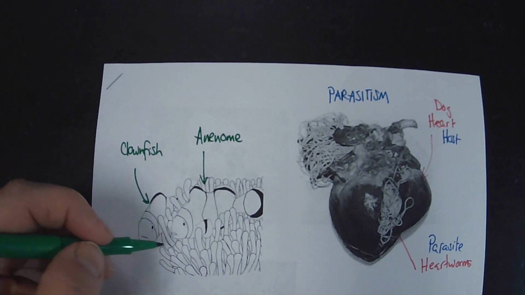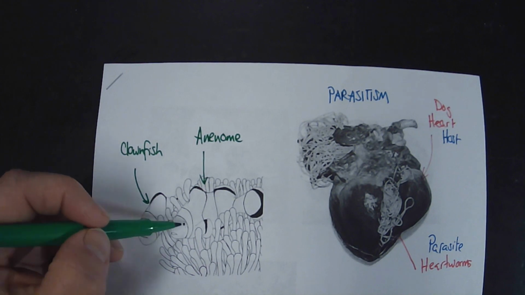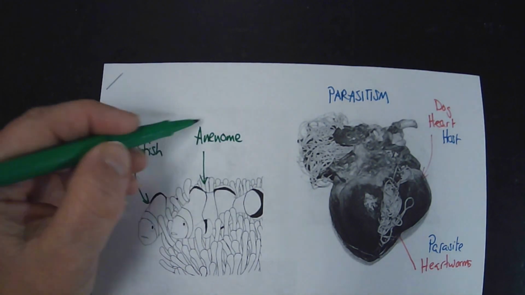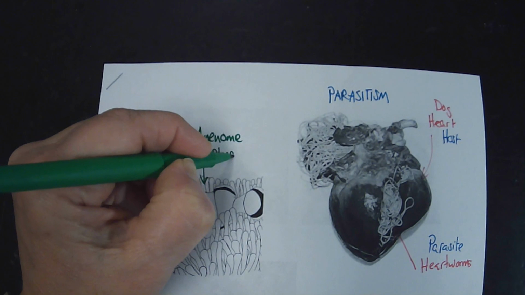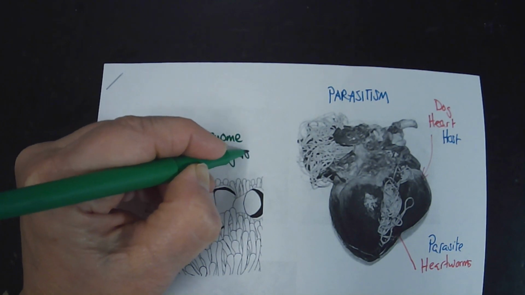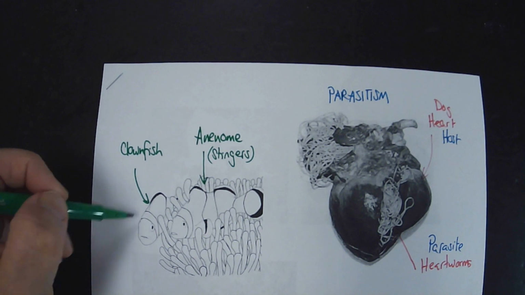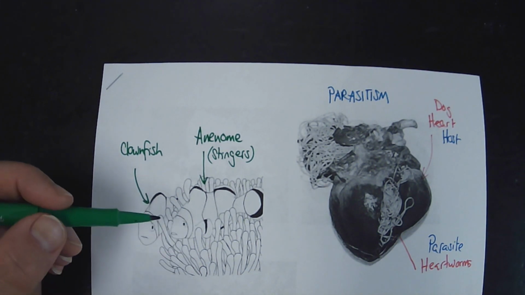The clownfish eats food, but the problem with the clownfish is because it's brightly colored, it's likely to be predated. So what it does is it sticks around the sea anemones because these have stingers. So if you go along and you touch one of these, you'll get a sting. But because clownfish are adapted to living in there, they are immune to the stingers.